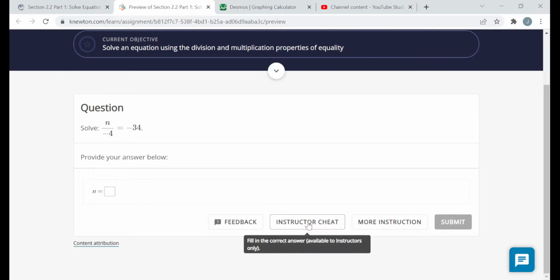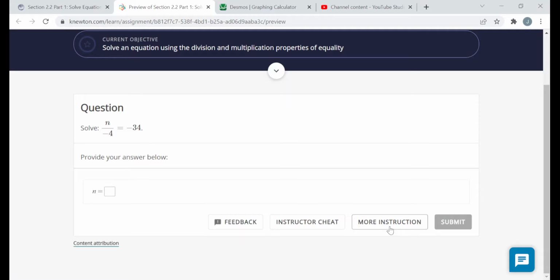You will not have this instructor cheat button. This is for instructors only. But you will have a more instruction button, which can be very useful. If you're ever struggling with a topic or a question, click on more instruction.